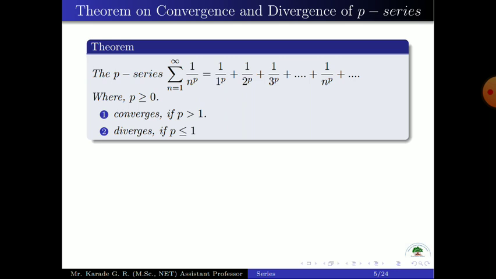So if p is greater than 1, then the P series is convergent, and if p is equal to 1 or p is less than 1, in this case we say that the P series is divergent.